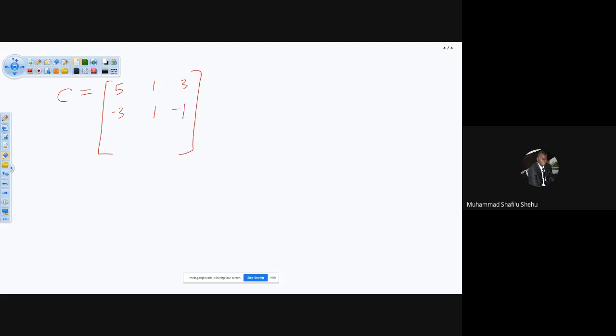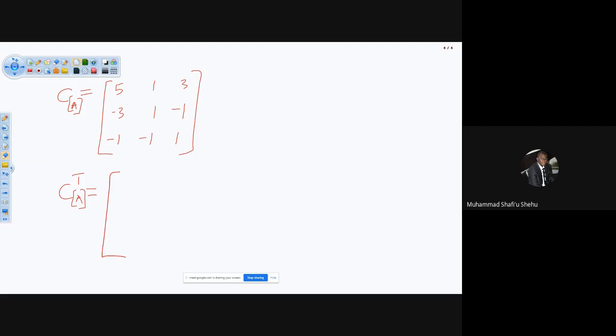And then here we have plus and minus is minus. And then minus is minus. And then we have plus is plus. So the next thing is to find the cofactor transpose. Cofactor transpose, remember this is cofactor of A. And the cofactor transpose of A is going to be, you make row to the column and column to the row.